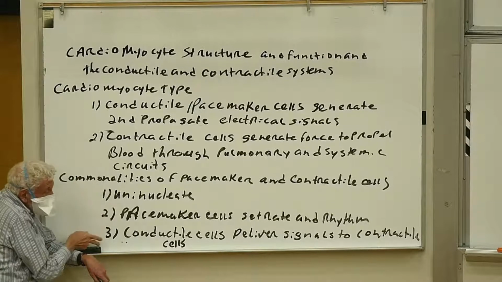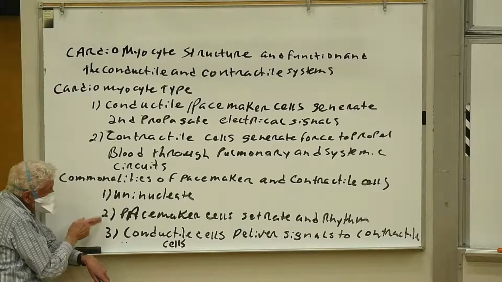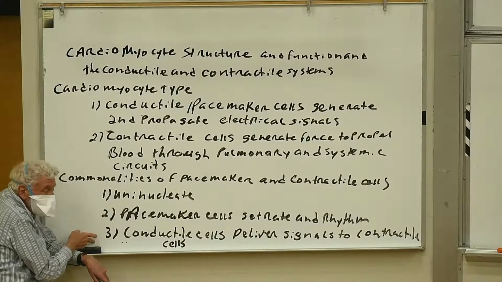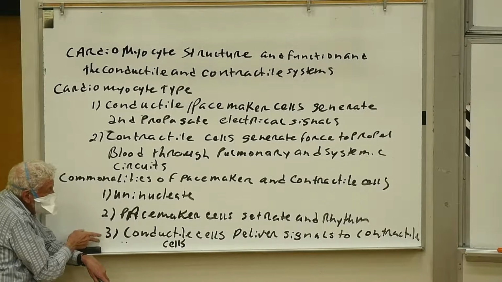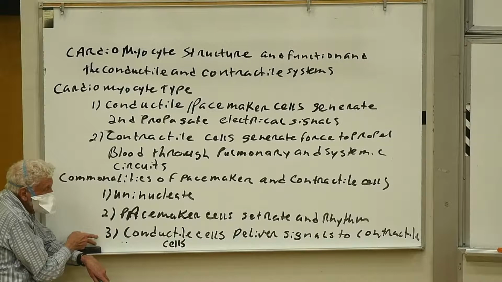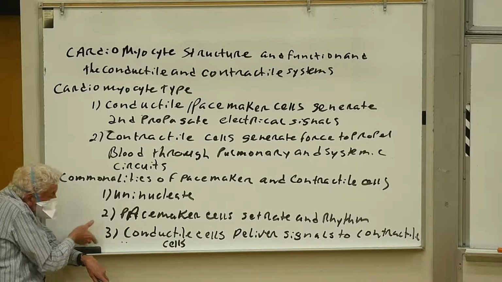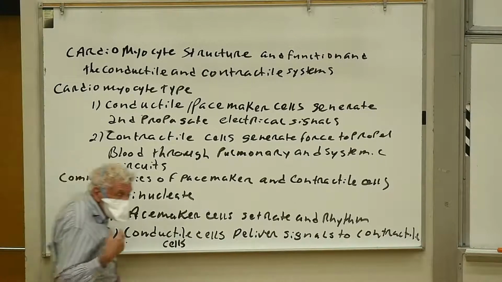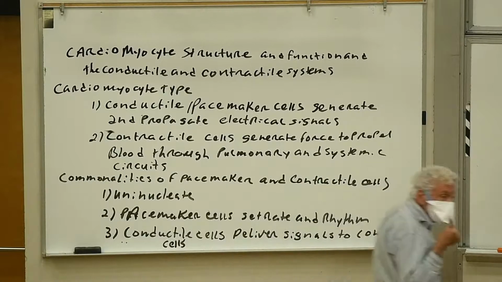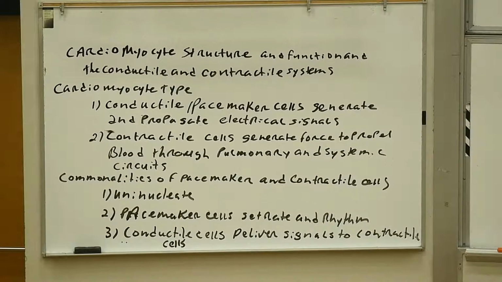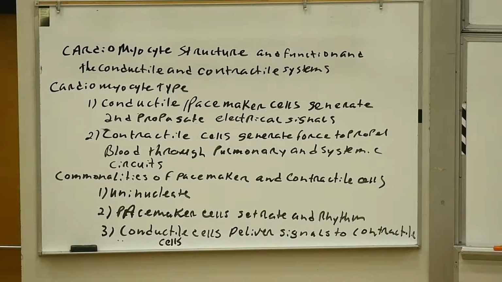They're then sending information to the contractile cells. The conductile cells are delivering electrical information to the contractile cells to tell the contractile systems to contract. So we have basically two functions of this conductile system. One is to set the rate and rhythm, and the second is to deliver that electrical signal to the cells that are going to do the work.